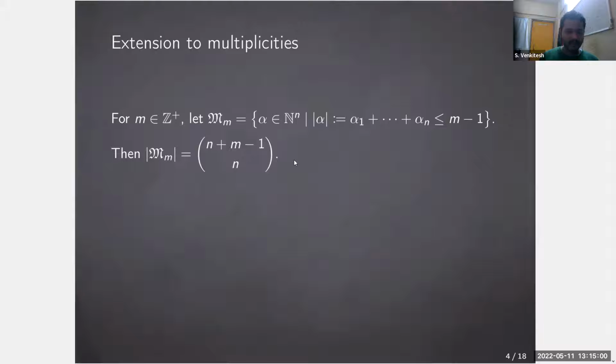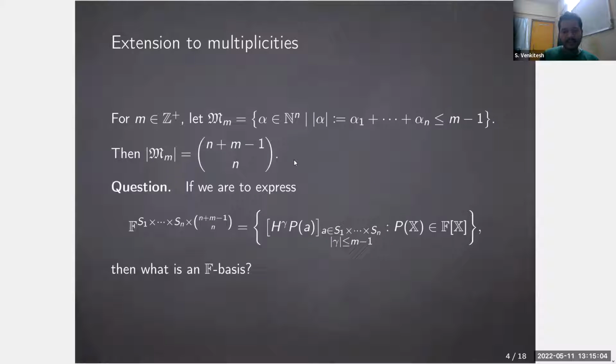Okay. So now what's the question? What's the extension? The question is, if we are now to express an even larger vector space, where the coordinates of every vector are not indexed by just the points of the grid, but by points of the grid as well as the multiplicities, the multi-indices of derivatives. And what sort of expression are we looking at?